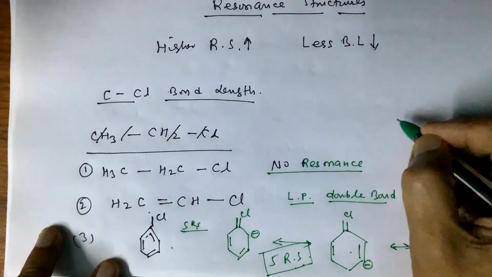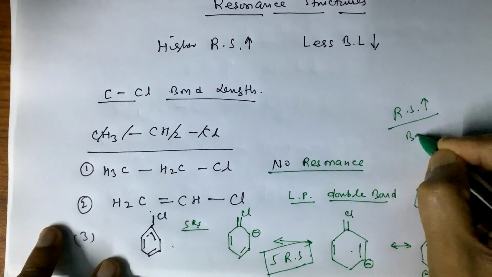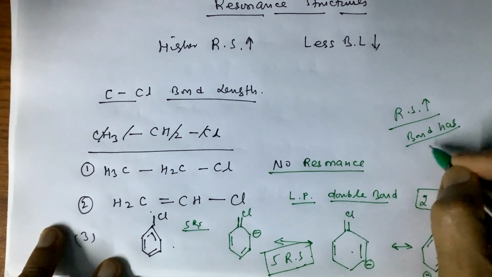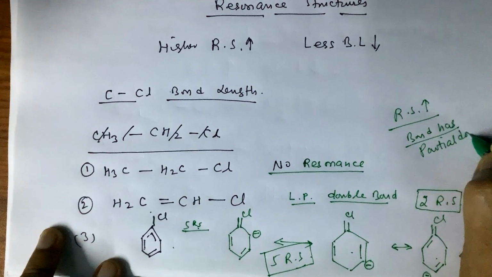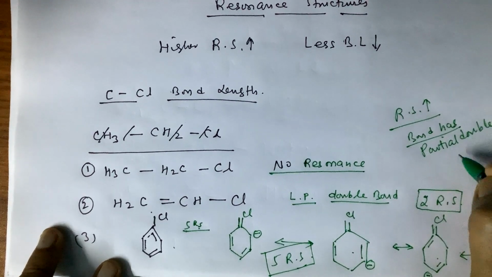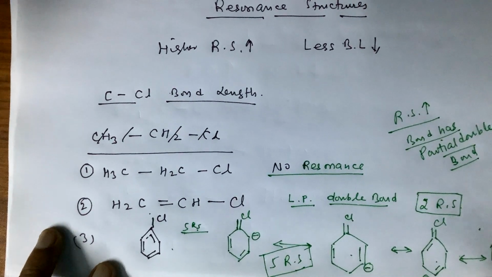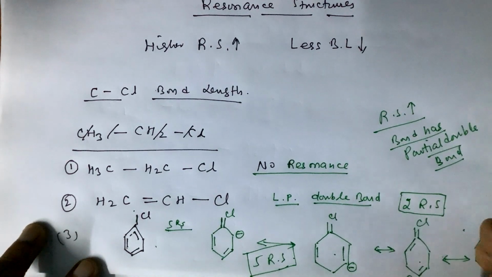So where resonance structures are more, what happens? The bond has partial double bond character. Partial double bond, so the bond length is less. If there is a double bond, then bond length will be less.